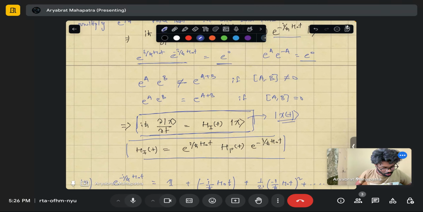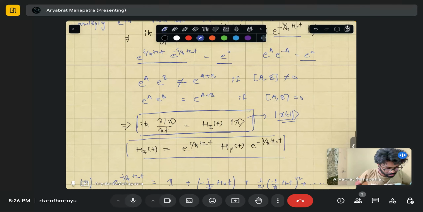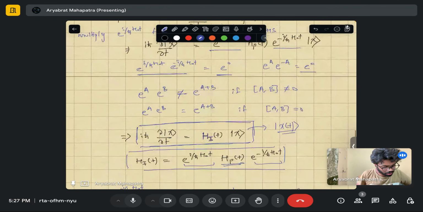And how is this chi of t obtained? By solving this Schrodinger equation, and in this Schrodinger equation you have Hi, the interacting Hamiltonian, and this Hi contains your perturbation part. That is how it is defined. You sandwich this perturbation part between these two exponentials. So in Hi you have the perturbation part. That's why the chi of t solution will already have the effect of evolution.